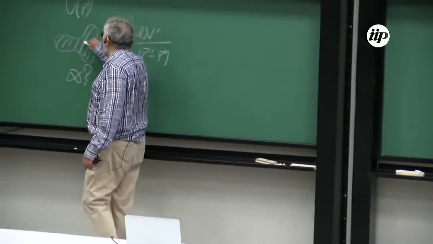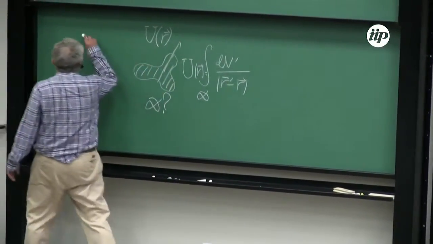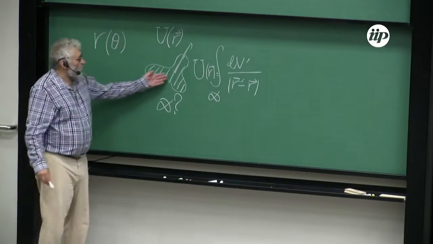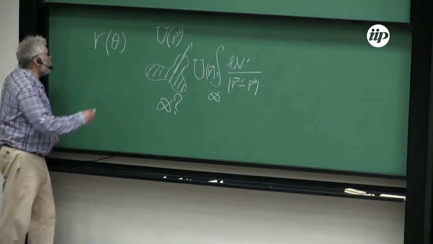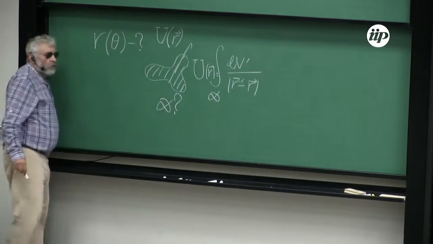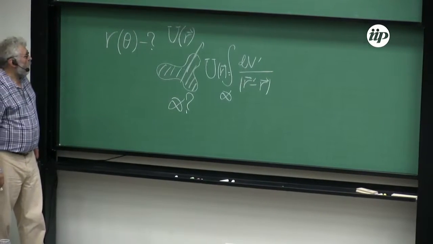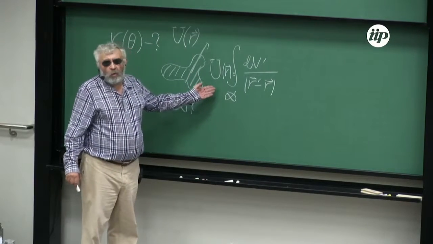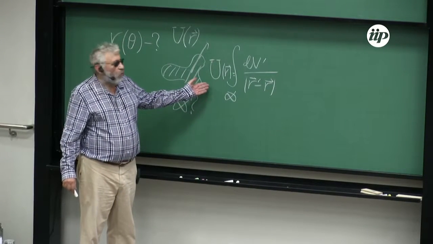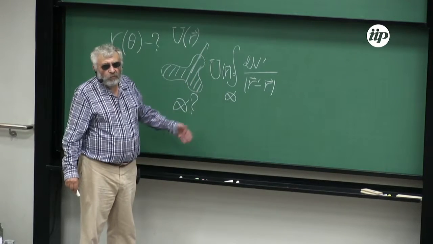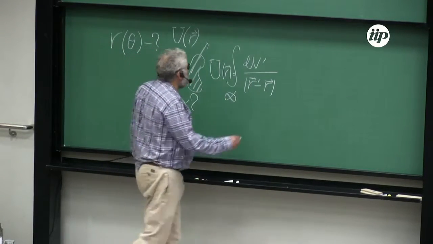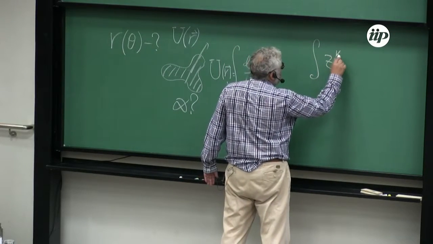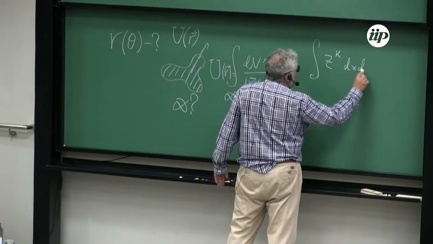Assume simply polar coordinates. In polar coordinates, it is possible to represent this, and this is exactly what we are looking for in 2 dimensions. We know U, which means we know all coefficients of the multipole expansion of U. In 2 dimensions, it is just these integrals.